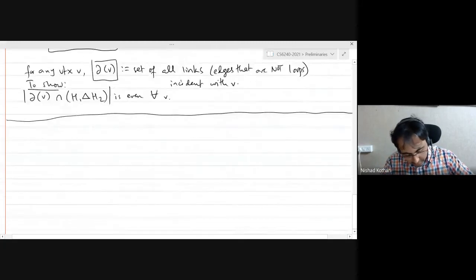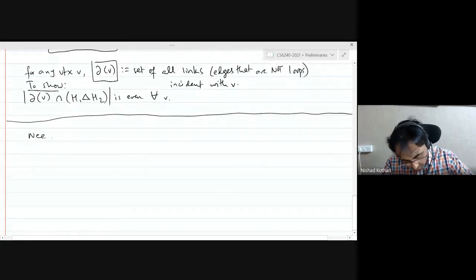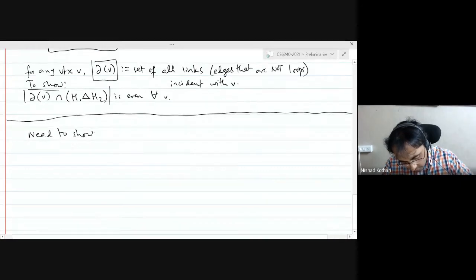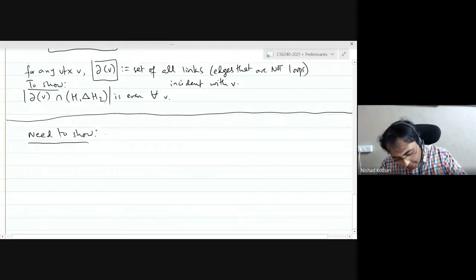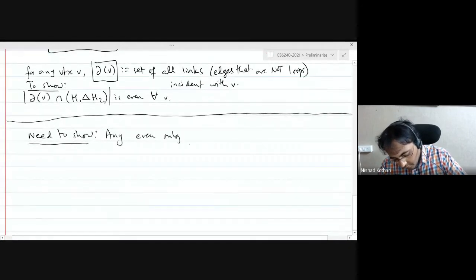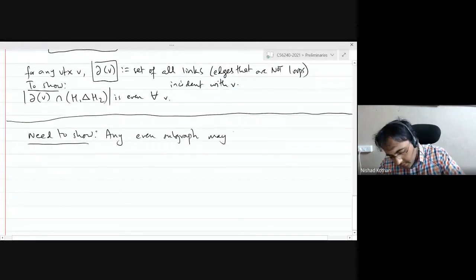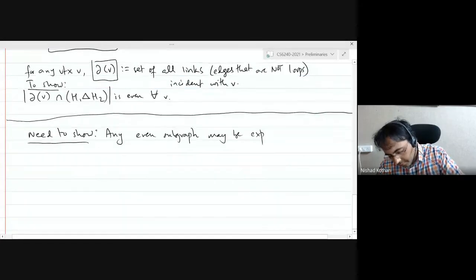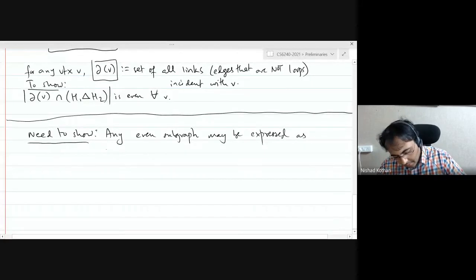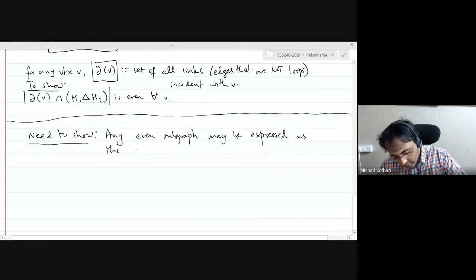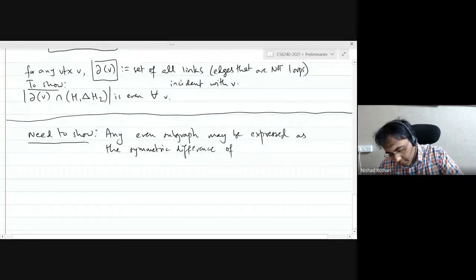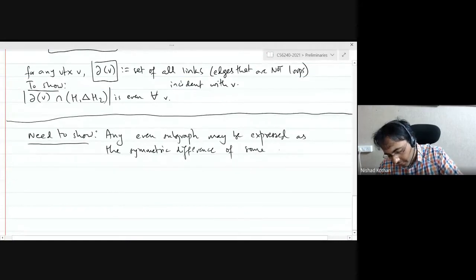What remains to be shown is that any even subgraph of a graph G may be expressed as the symmetric difference of some cycles of the graph.